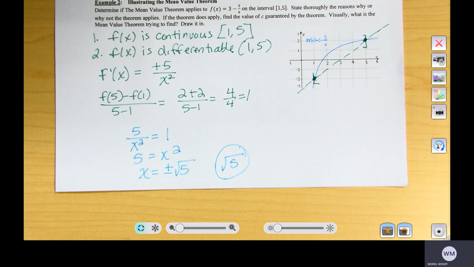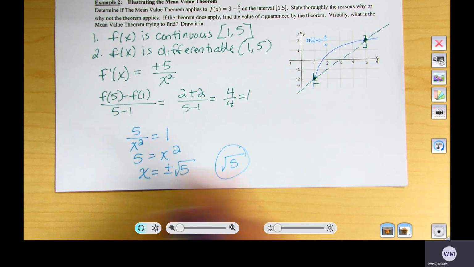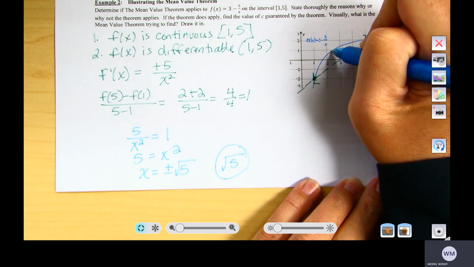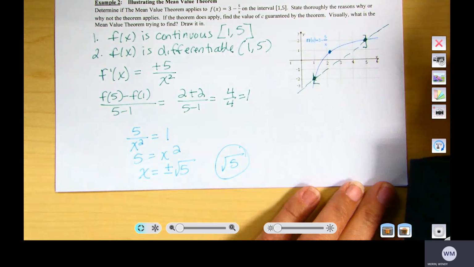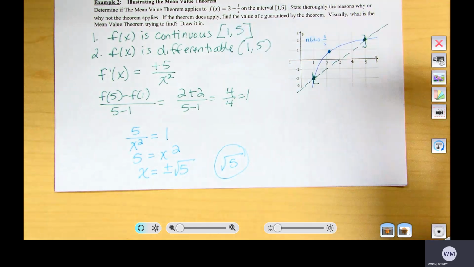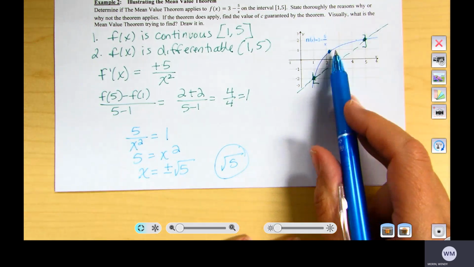Let me get my calculator here. Oh, okay, it's a square. I was thinking it was 4, no, the square root of 4. So it's just a little bit bigger than 2. It's actually 2.2. So it's somewhere right around here. It's the square root of 5. No wonder. I was going to put it up here, and I'm like, that's not right, because those wouldn't be parallel. So there's your C value.